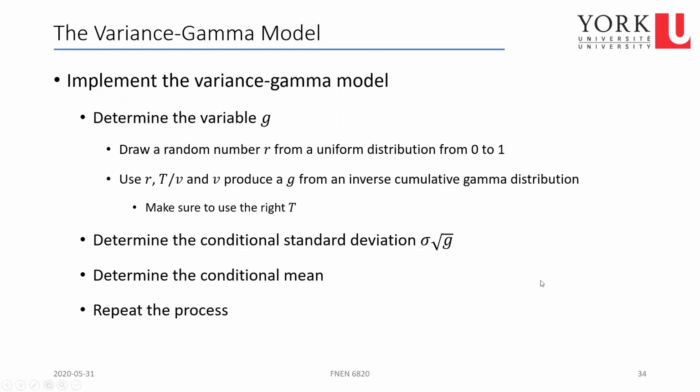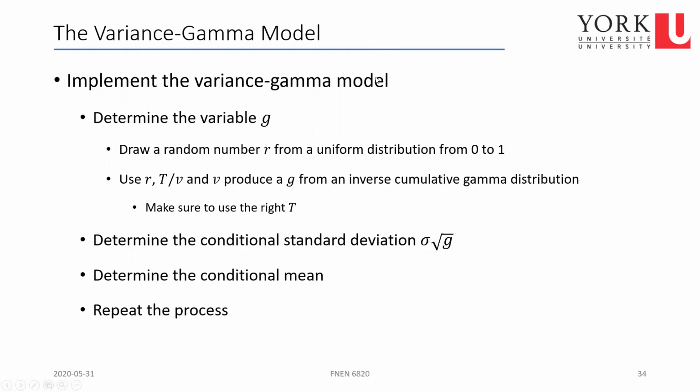Essentially, at every step of time, you're drawing out of a different normal distribution. They're all normal distributions, but each of them has a different mean and a different variance. The mean and the variance depend on the random draws of the realized G. And then you can do your simulation based on that process.